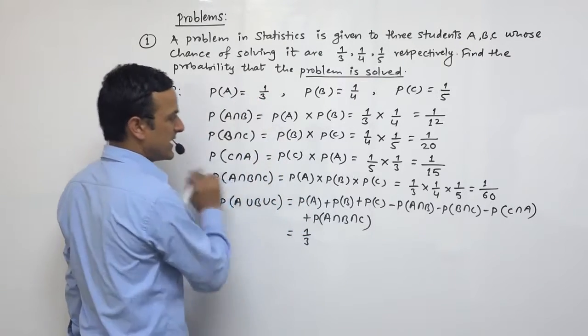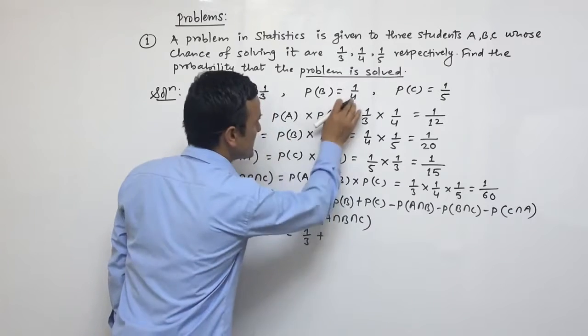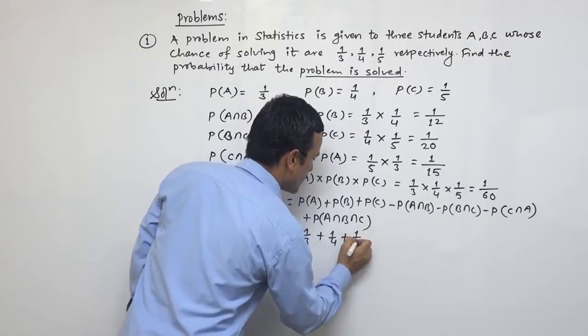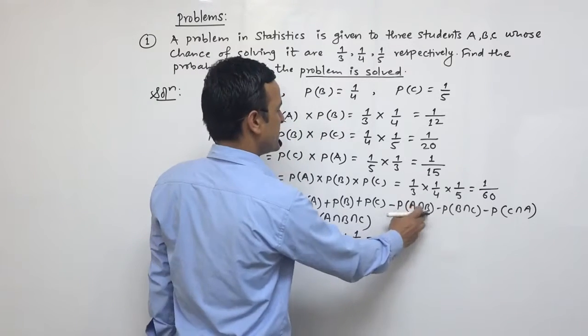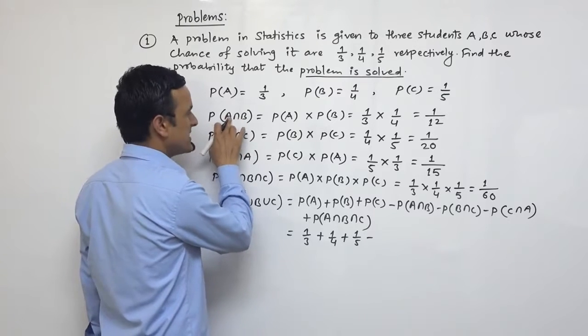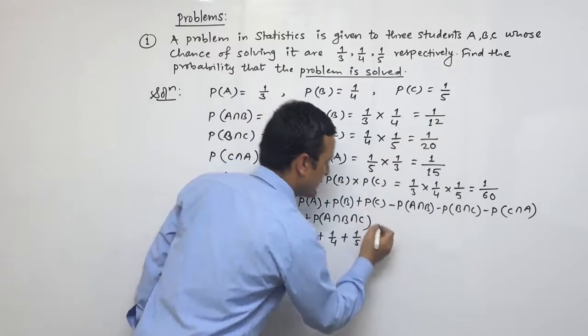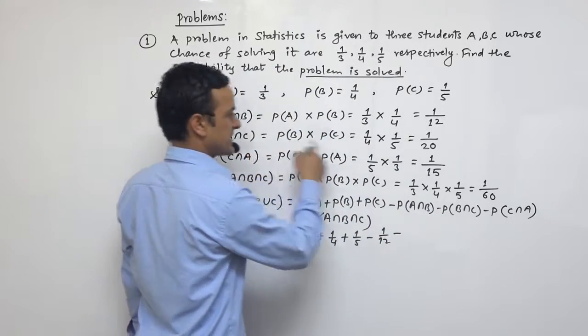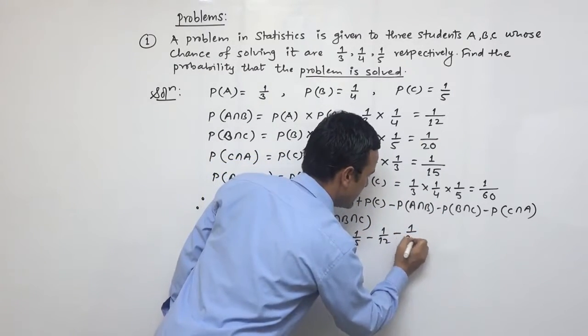The value of P(A) is given here, 1 upon 3, the value of P(B) is 1 upon 4, and the value of P(C) is 1 upon 5. Minus P(A intersection B), which we have already done, is 1 by 12. Probability of B intersection C is 1 upon 20.